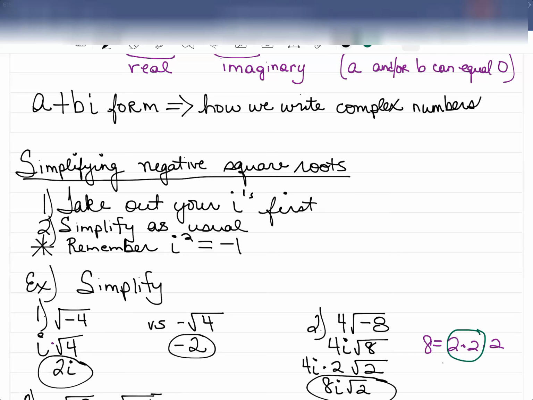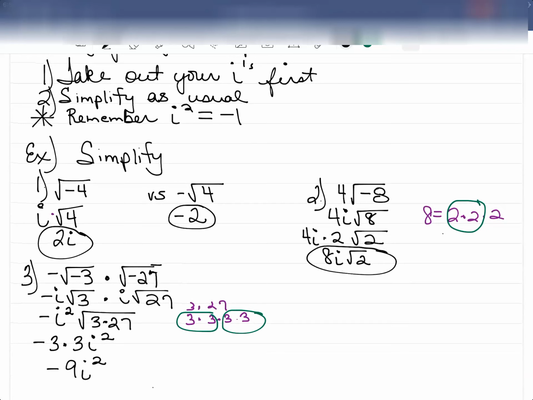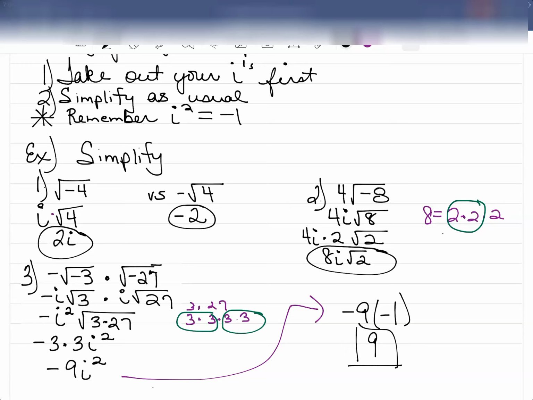That was part of our definition. So when I see negative 9i squared, that's not a finished answer. I have to finish it off. So that negative 9, the i squared becomes a negative 1. So I have negative 9 times negative 1, giving me a positive 9.